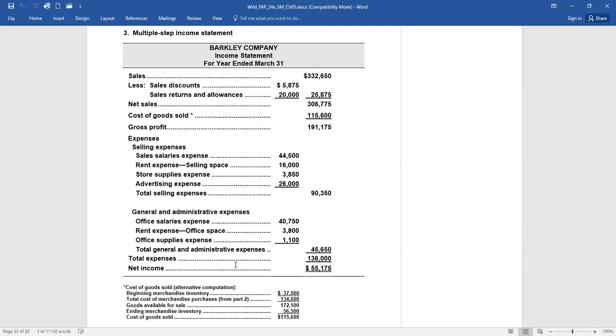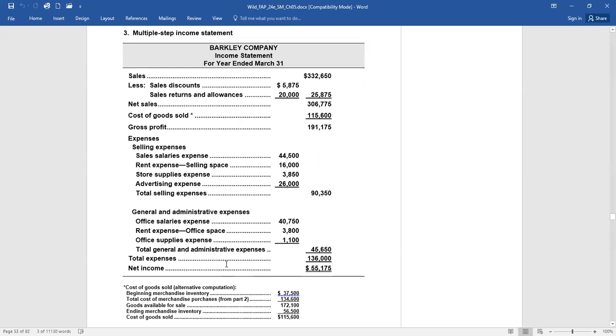So we wouldn't just stop at net income. That would have been called operating income. And then those other expenses and revenues would have been added and subtracted ultimately to get net income, like our lecture talked about.